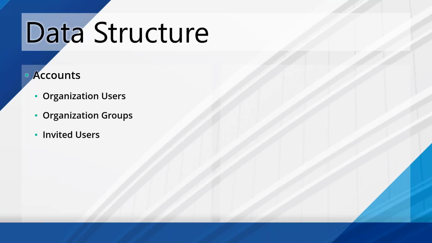And then we're also going to take a look at invited users. So if you've invited external users from outside companies that you're partnering with to look at your libraries, you can actually see who those users are, and in some of the future stuff, what libraries they've got access to.